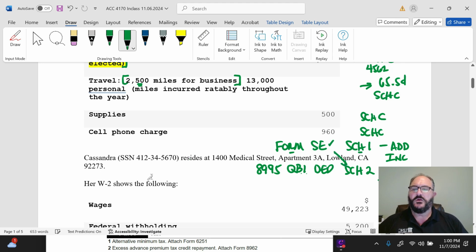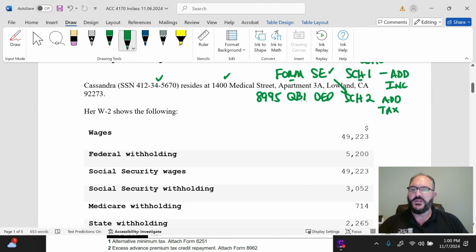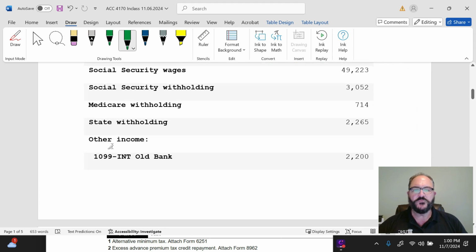Okay. All right, now let's go. So they give us address, they give us Social Security number. We got an address. That's straight 1040 stuff. And then they give us her information from her W-2, okay? She also has some interest. She got a 1099 with interest, right, from Old Bank, $2,200.